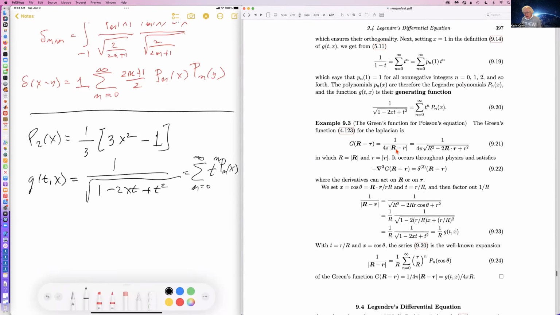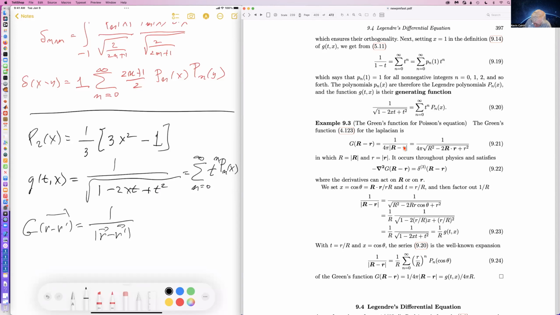You have 1 over 4 pi times the distance between 2 points in 3-space. That's g of the difference of the 2 points. And so what is that difference? Well, maybe I should put in the step that was skipped here. Let me just use r minus r prime. This is 1 over the distance, absolute value of r minus r prime, where these are both 3-vectors.